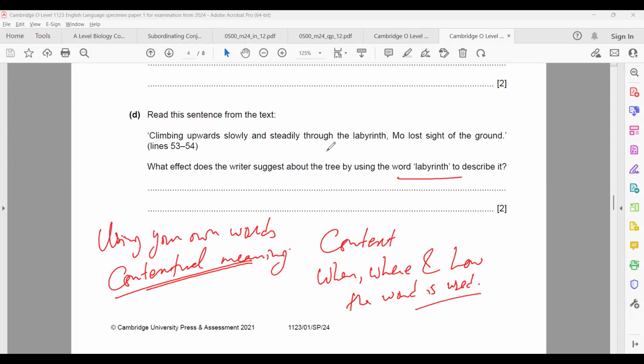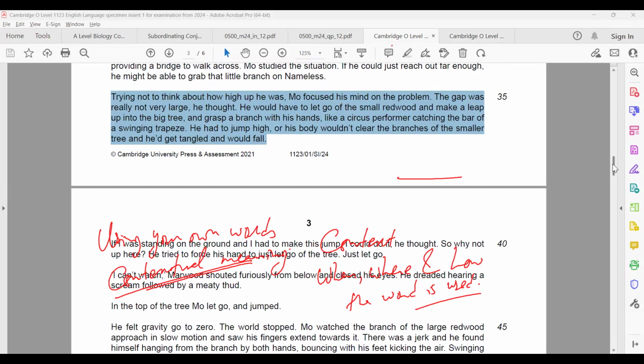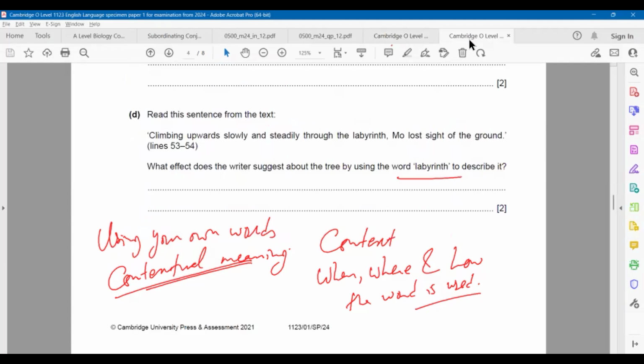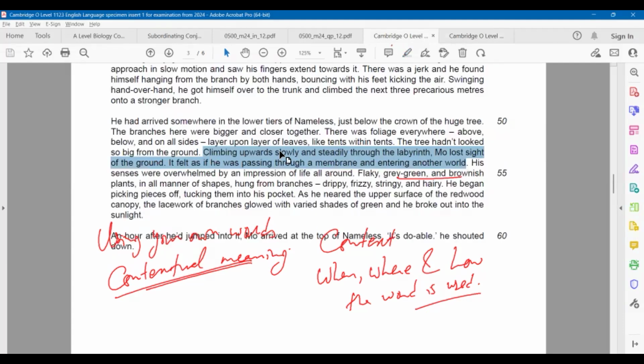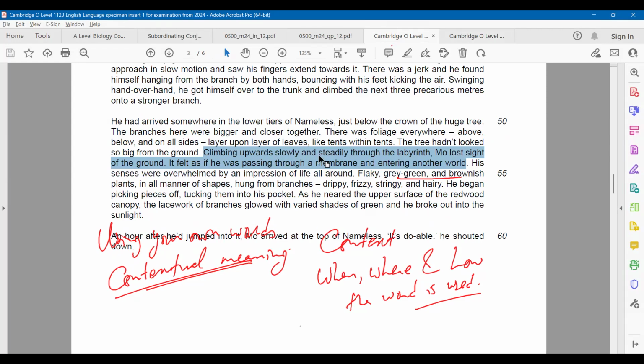If you go to lines 53 and 54, all of this is the line they've quoted, climbing upward slowly, up till lost sight of the ground, I believe. And this is the word labyrinth.